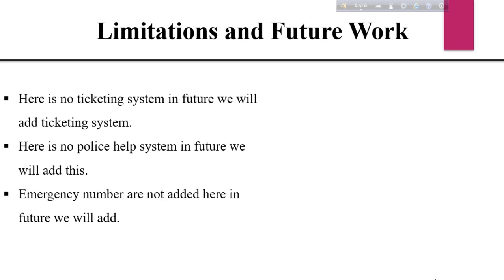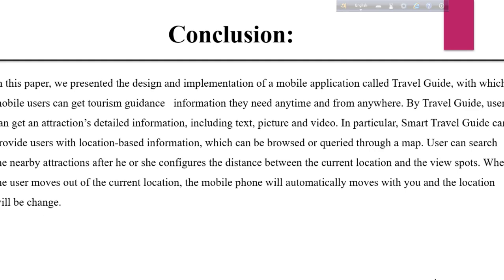Inshallah, in future, we will add this feature in my application. Emergency numbers such as hotel numbers, police information numbers, and where you are staying now, the hot place you want to go. Inshallah, I will add these in future in this project.